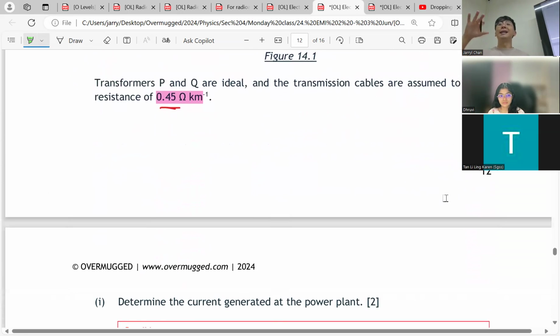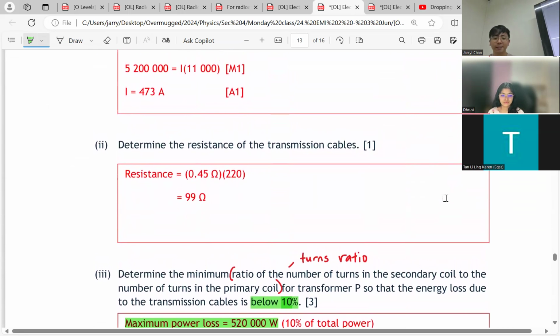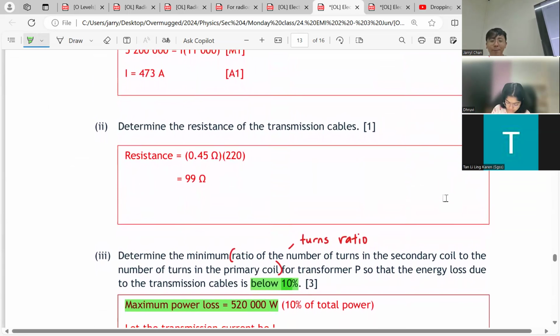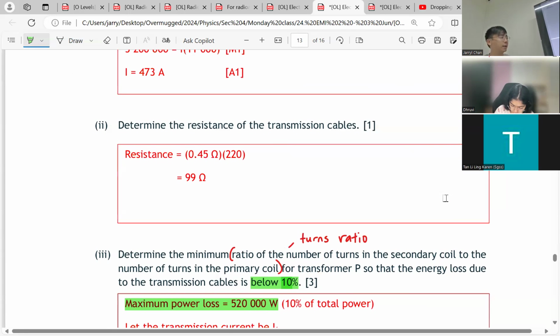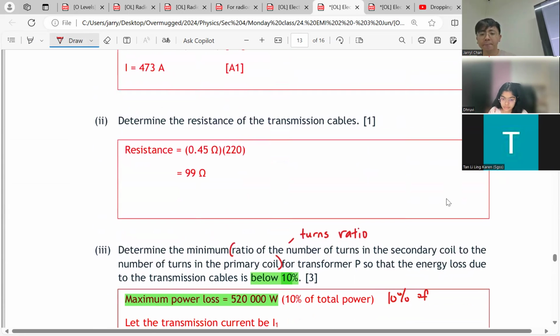I want less than 10% energy loss, therefore the maximum power loss I should have is 10% of this, 520,000 watts, from 10% of the total power, 5.2 times 10 to the power 6. So this is the maximum that I can use.